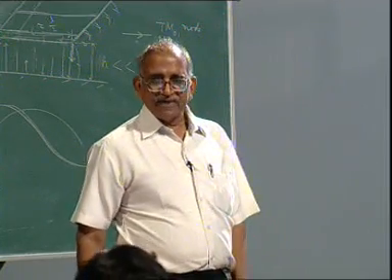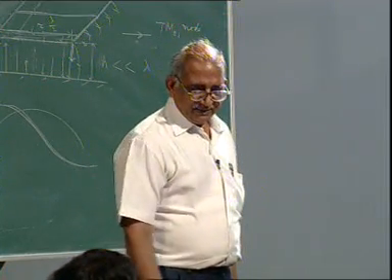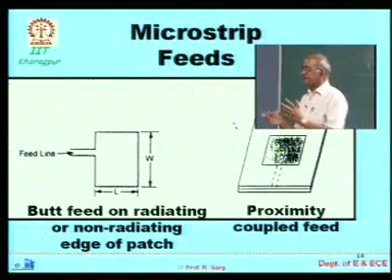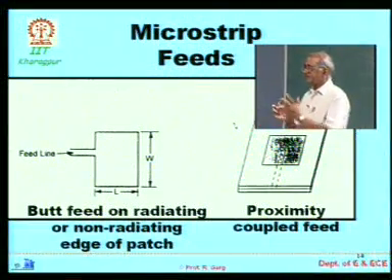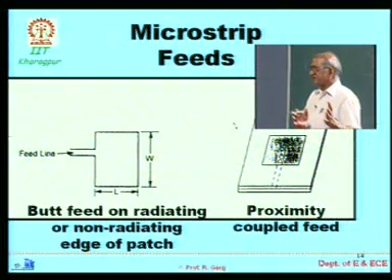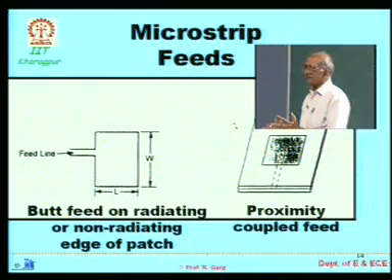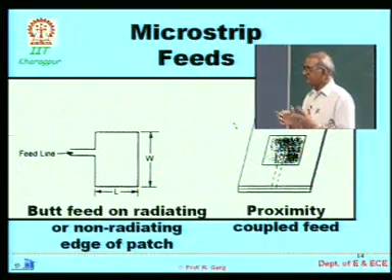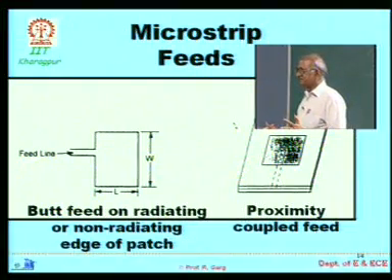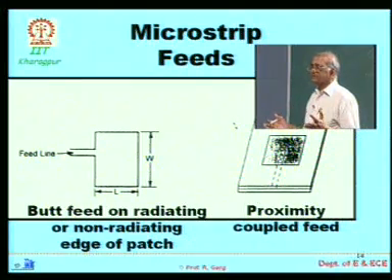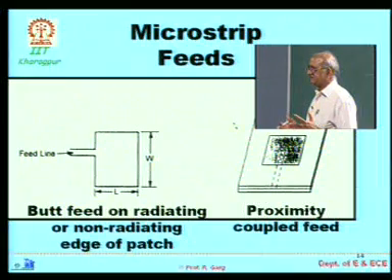Now, the convenience with this type of printed line feed is that you have the antenna and the rest of the RF circuitry, and if you put everything together, it is better to have the feed line also on the same side of the substrate. You do not have to introduce unnecessary junctions.